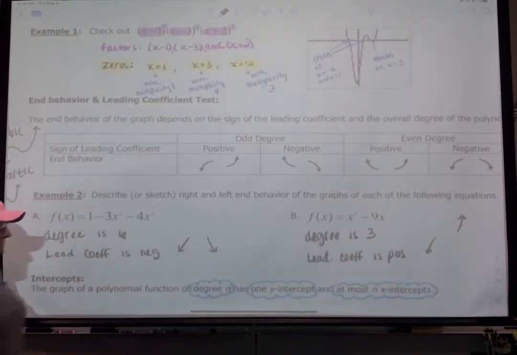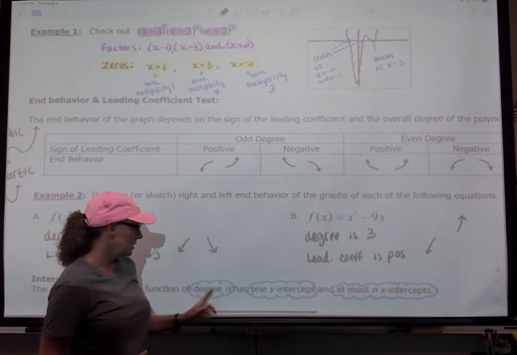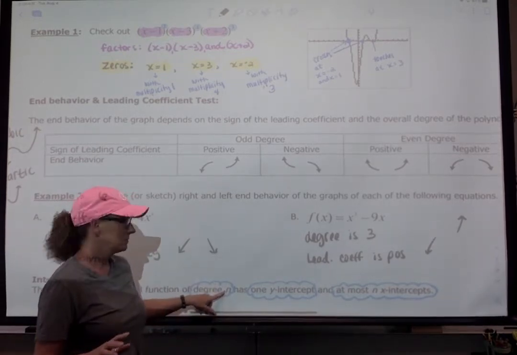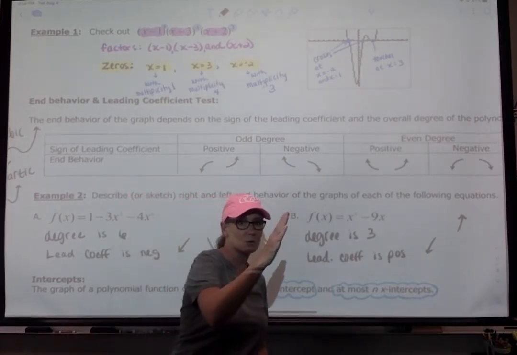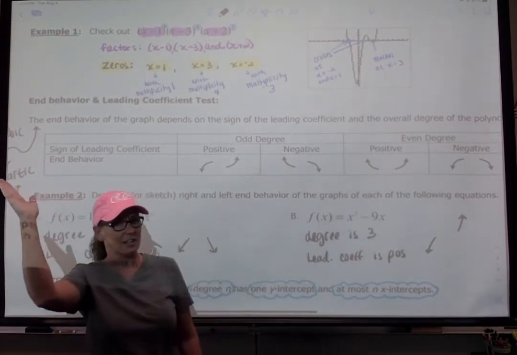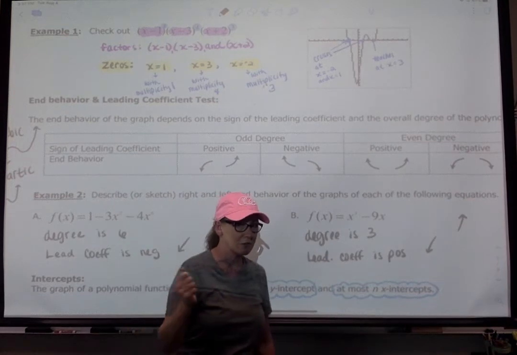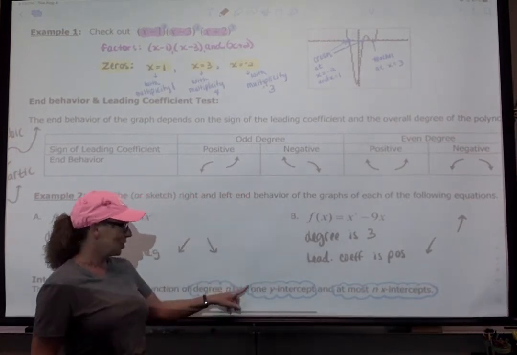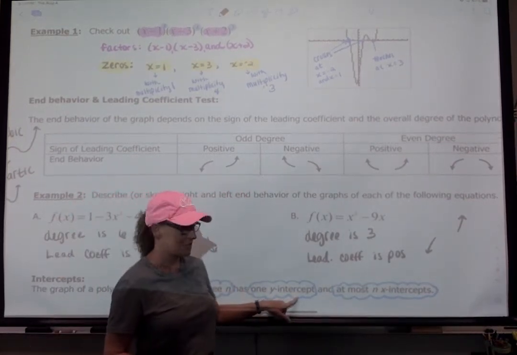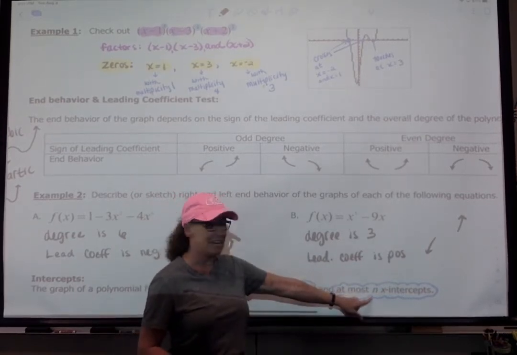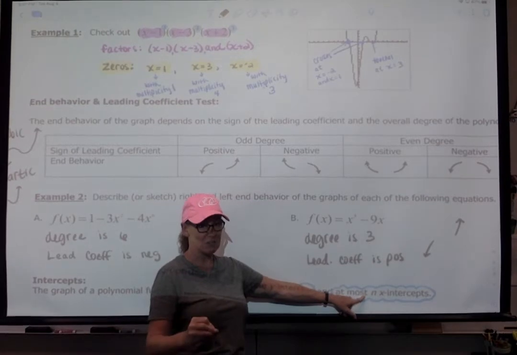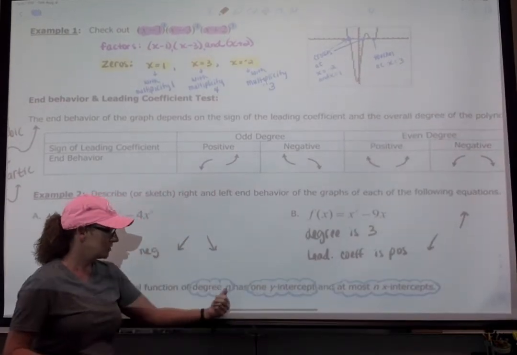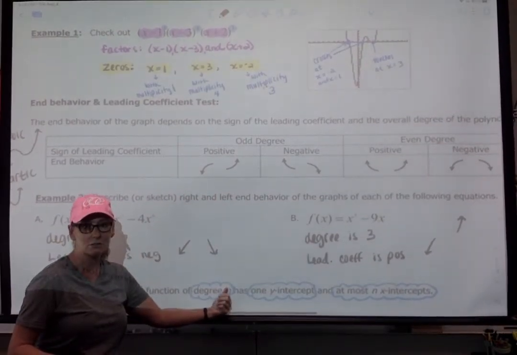Okay. Graphs, when you graph your function, whatever the degree is, you're only going to have one y-intercept. It's not going to cross the y-axis and then go back and cross it again. No, it would fail the vertical line test if it did that. So you're only going to have one y-intercept, but it can cross the x-axis as many times as its degree will allow.